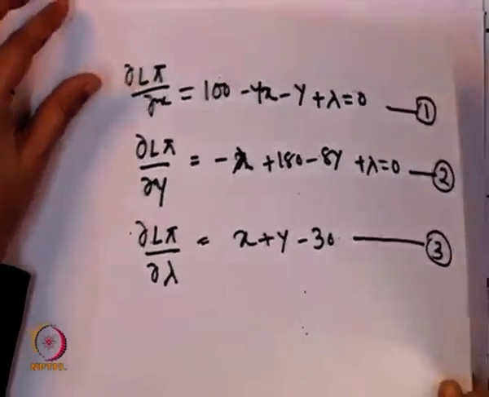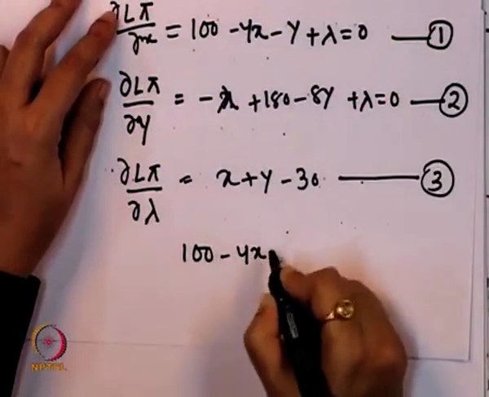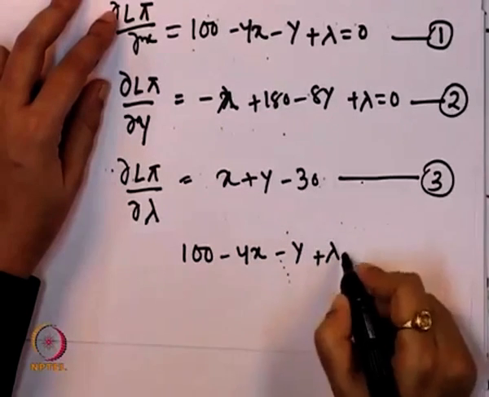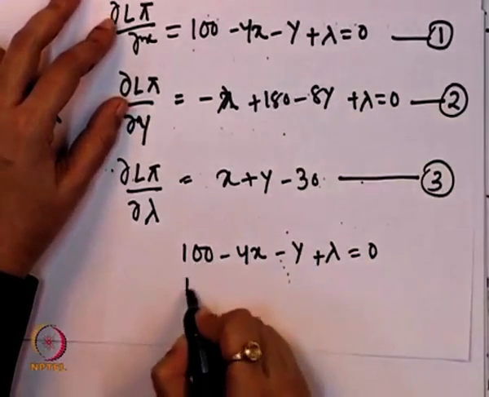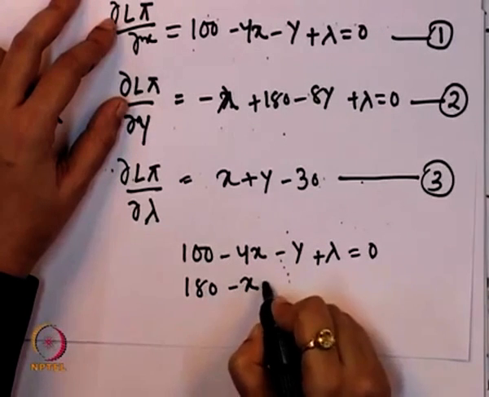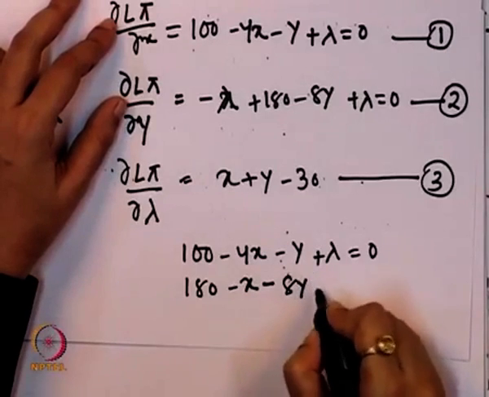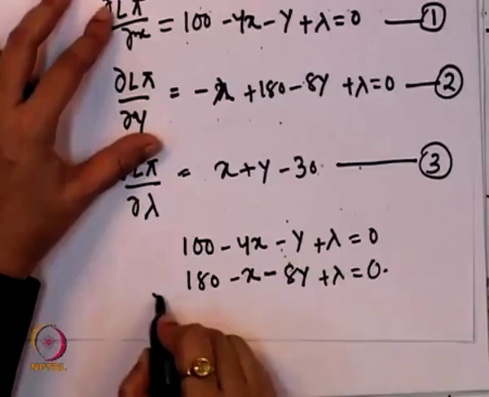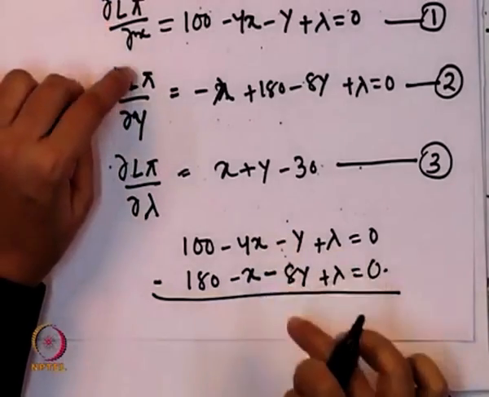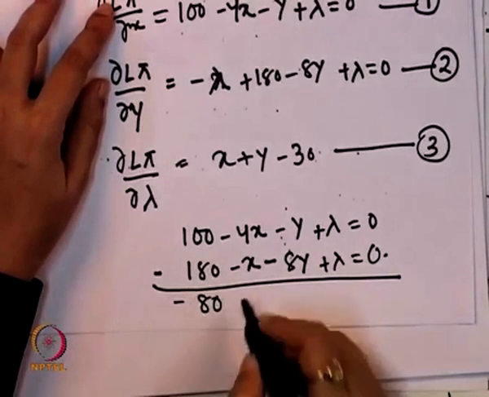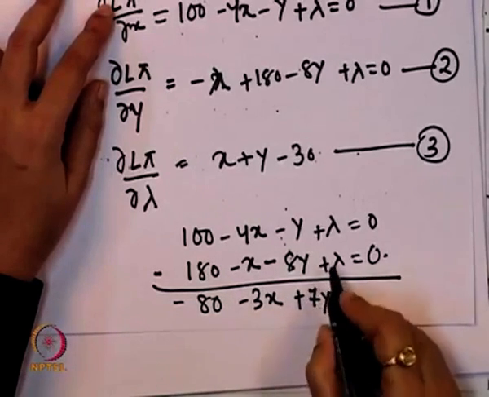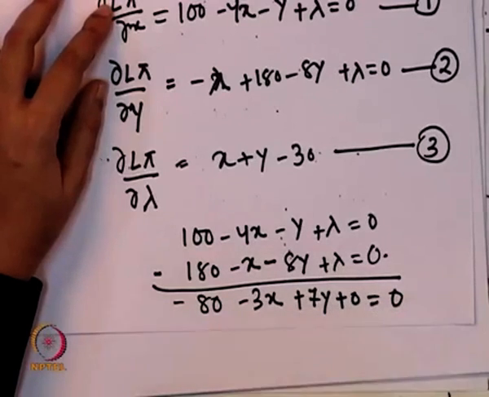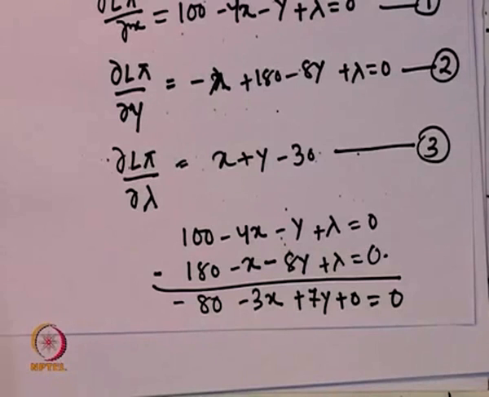Now, if we take the first two equations, we have 100 - 4x - y + lambda = 0, and 180 - x - 8y + lambda = 0.